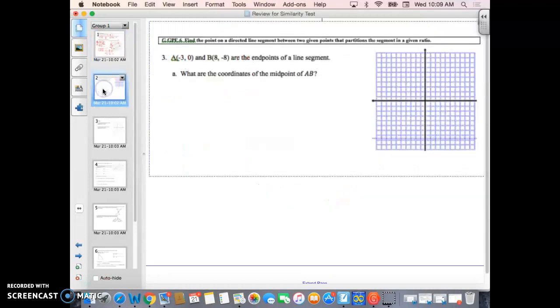Next. This coordinate grid is really just here for show if you need it, but the key word at this point is midpoint. And so I know the midpoint formula: you take your x coordinates, divide by 2, and you take your y coordinates, and divide by 2.